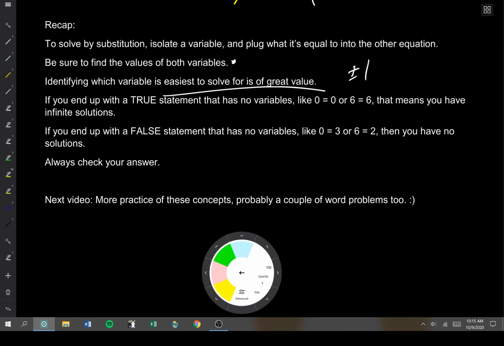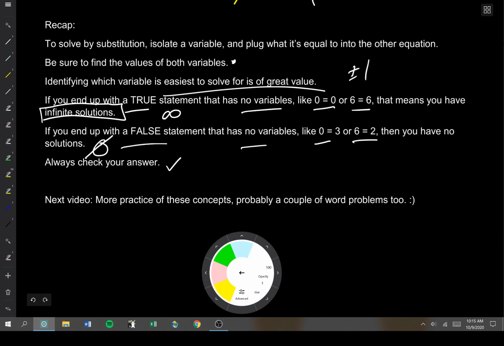If that's not available, pick whichever one divides the cleanest. If you end up with a true statement that has no variables, like 0 equals 0, 6 equals 6, that means you have infinite solutions. If you end up with a false statement that has no variables, like 0 equals 3 or 6 equals 2, that means you have no solutions. Always be sure to check your answer when possible.